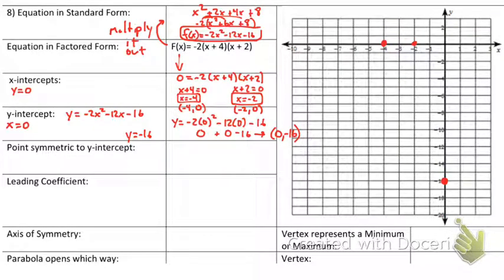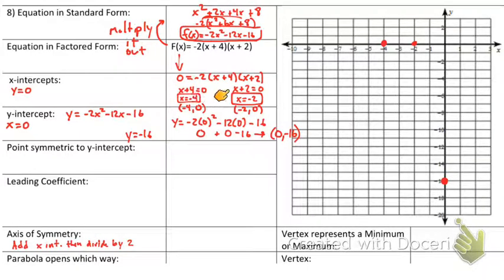The algebraic way of finding your axis of symmetry is this. You're going to add x-intercepts and then divide by 2. So algebraically, if we had to do this using algebra, I'm going to add my x-intercepts, which are up here.